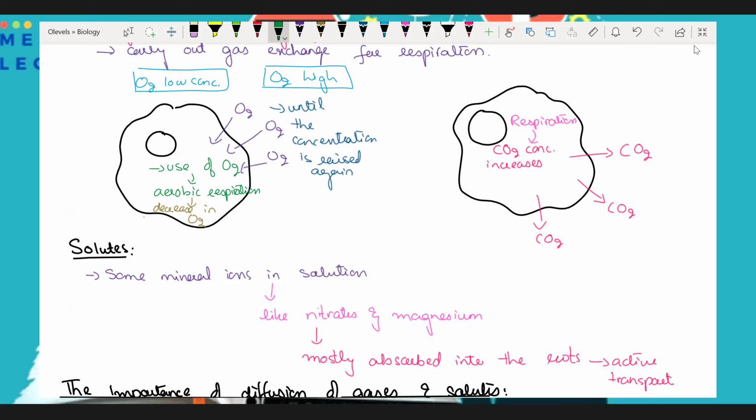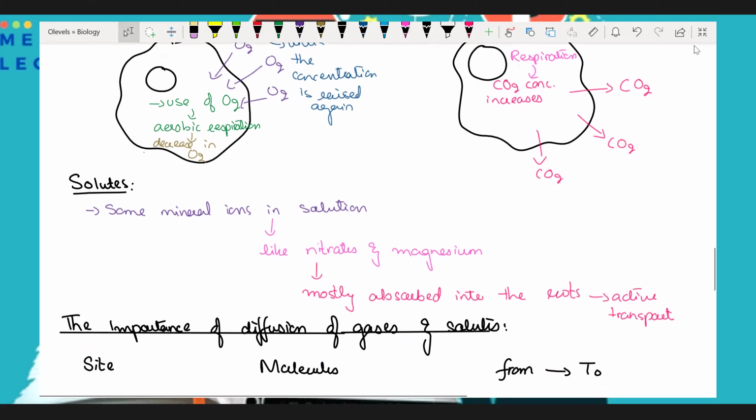When the carbon dioxide will increase in concentration inside this cell, now the carbon dioxide is in high concentration inside the cell as compared to outside the cell where it will be in low concentration. So this carbon dioxide will start moving towards the outside of the cell in order to balance the concentration of carbon dioxide inside and outside of the cell.